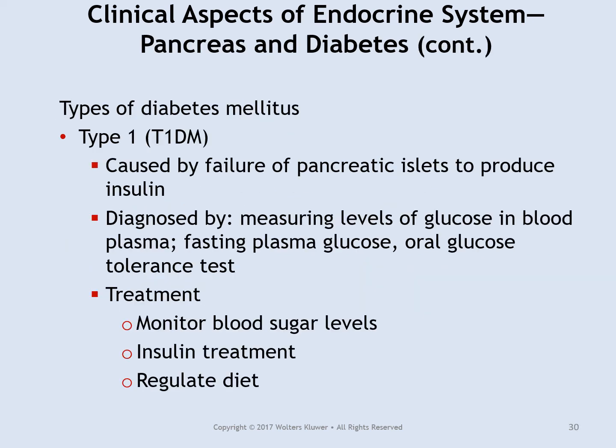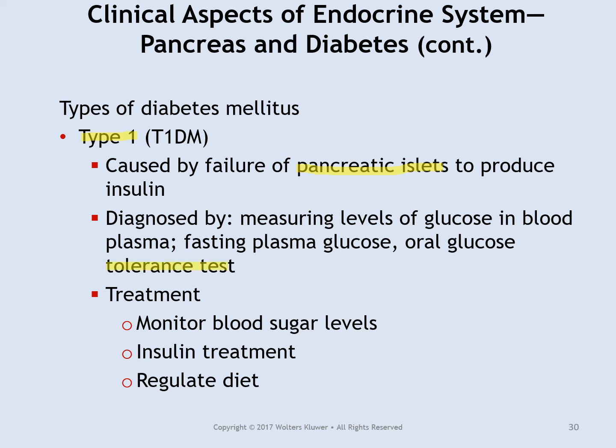So type 1 diabetes mellitus is when the pancreatic islets don't make insulin. So you can diagnose that by doing a glucose stress test, basically drinking a glucose solution and seeing how the body responds to processing that glucose.